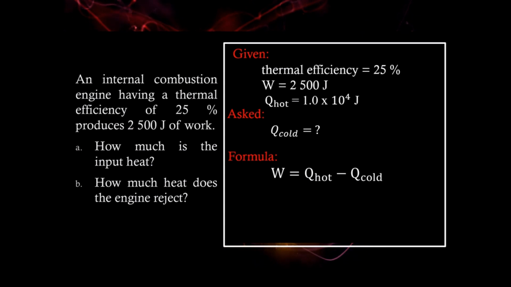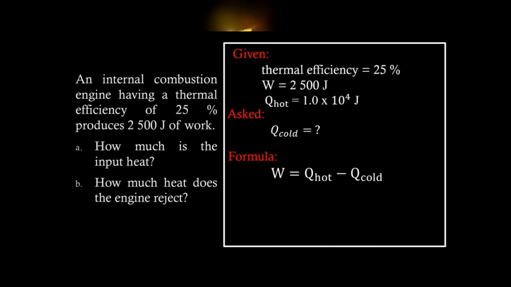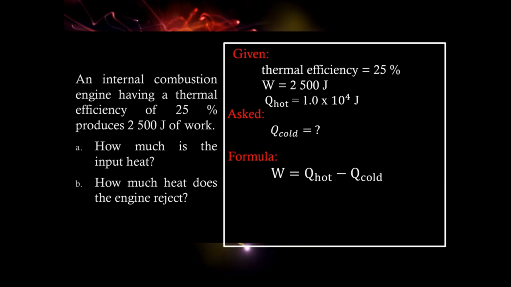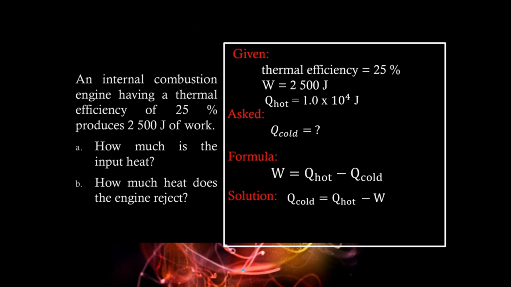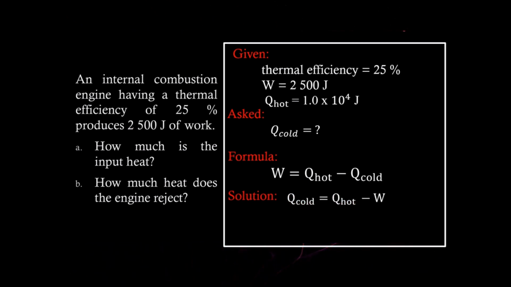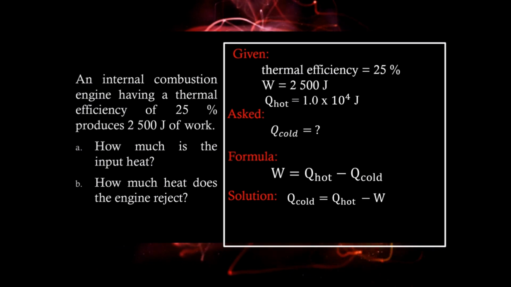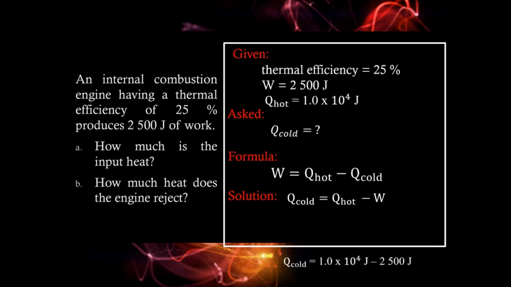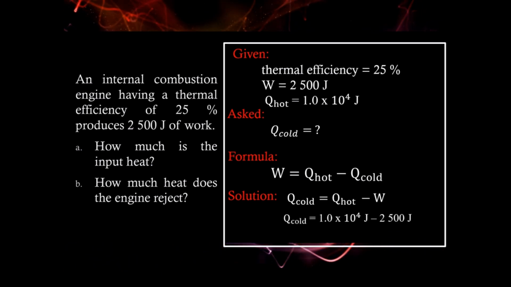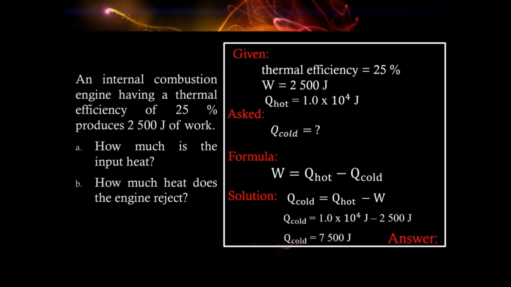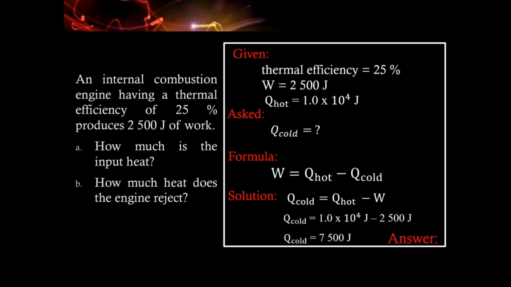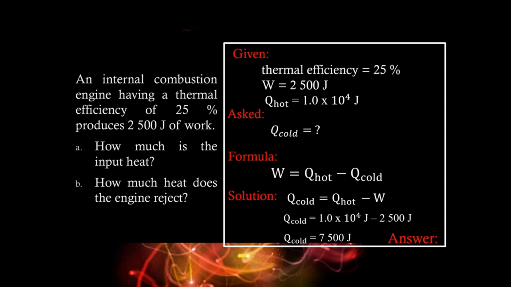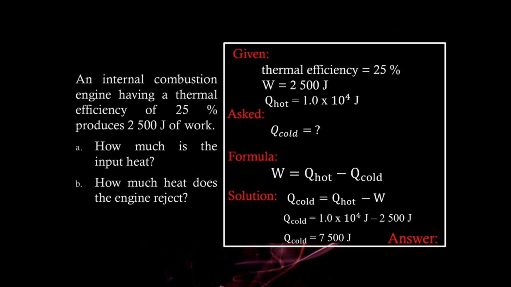Work equals Q hot minus Q cold. Rearrange the formula, that will become Q cold equals Q hot minus work. Substitute, and the answer should be 7,500 joules. That is the heat that is being rejected.